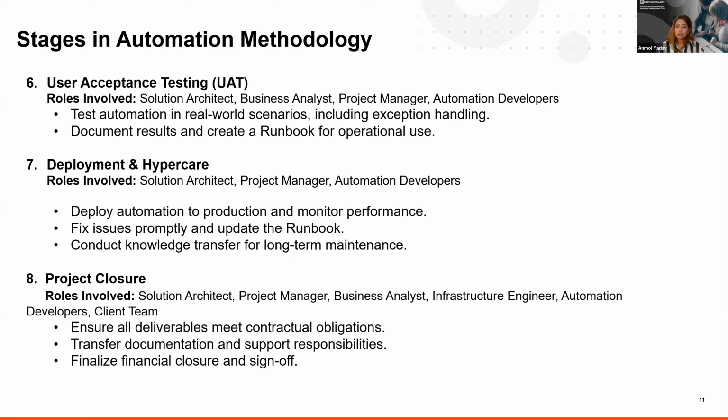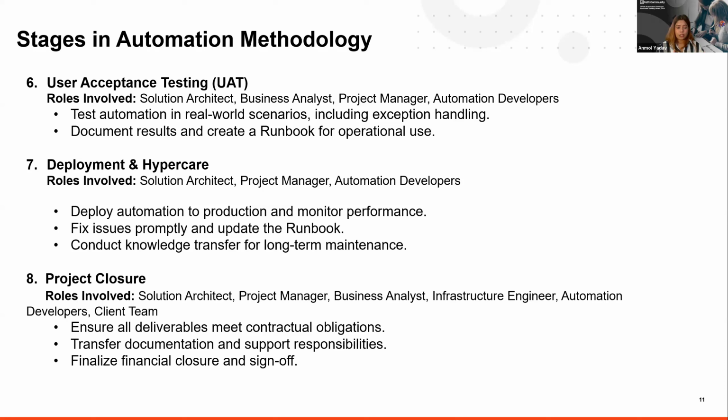The entire goal of the hypercare phase is to ensure that the new release or the new deployment that you've done is stable and it is functioning as expected. And if any issue comes up, you would just quickly, promptly fix those issues. And this is the stage when you would also start the KT, which is called the knowledge transfer, for long-term maintenance.